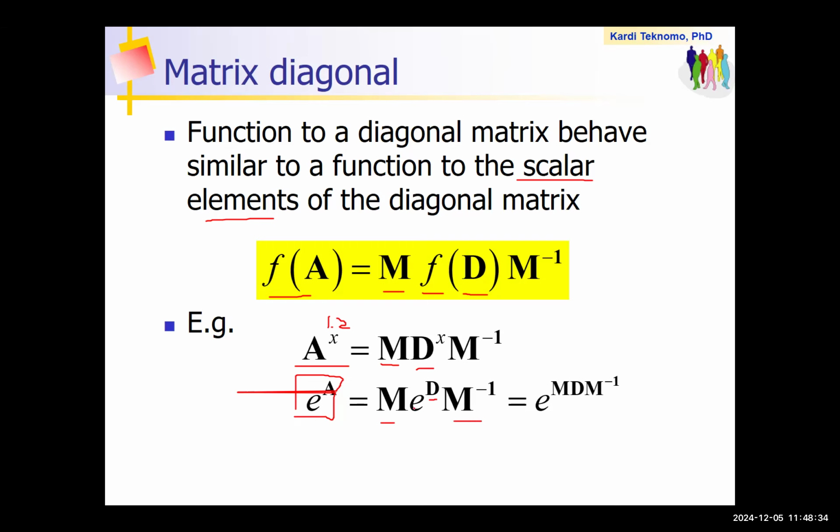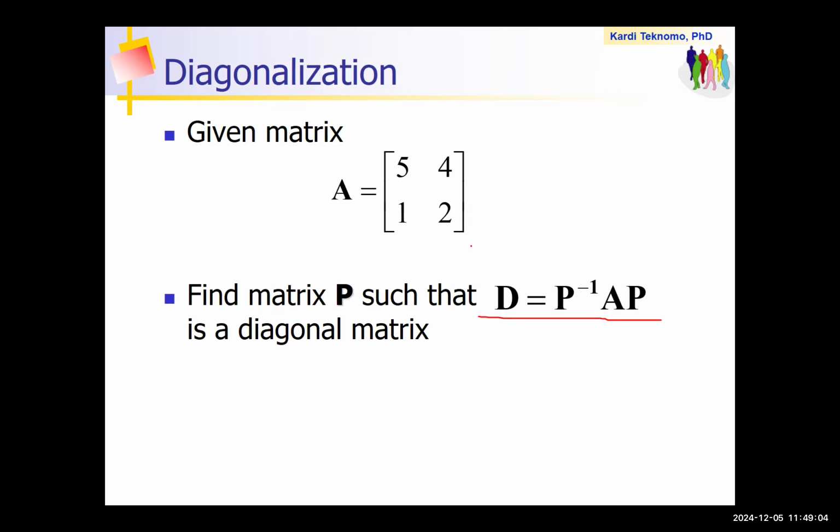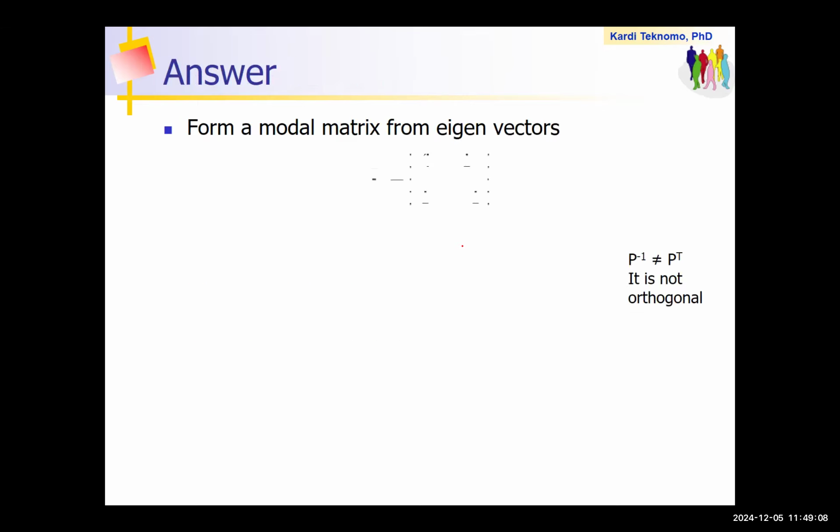So back to this example. Let's find matrix P so that you will get diagonalization. So easy, because you already know the eigenvectors of this. You get the eigenvectors 4, 1 and 1, minus 1.